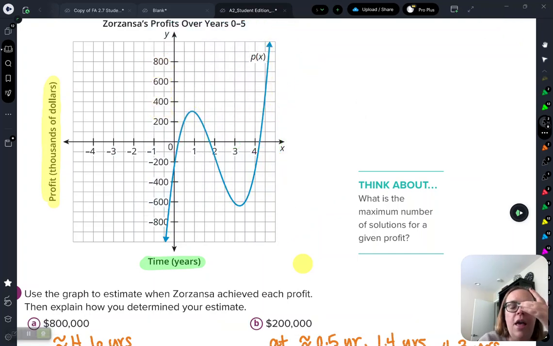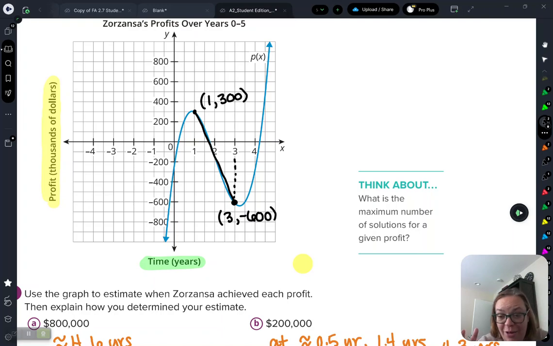Okay, f of 3. So 3 is right here. We're going to follow it down, and that appears to be 3 comma negative 600. We used that one before. f of 1 is right here. That is like positive 300. So what I see is this is going to be a decrease. I already know my number is going to be negative, right?